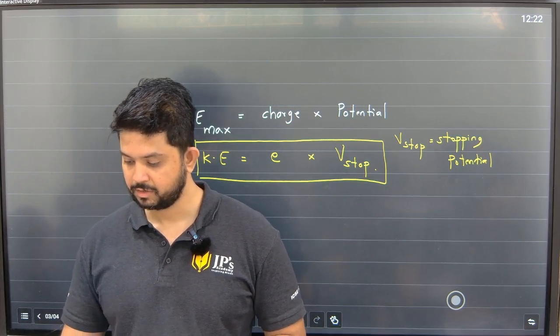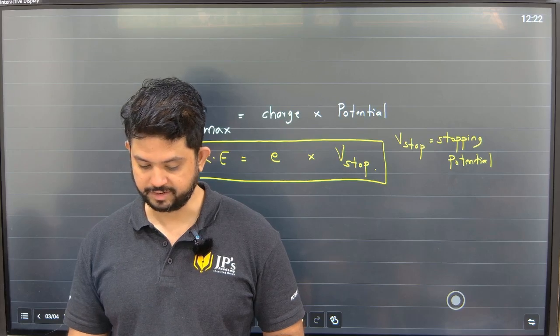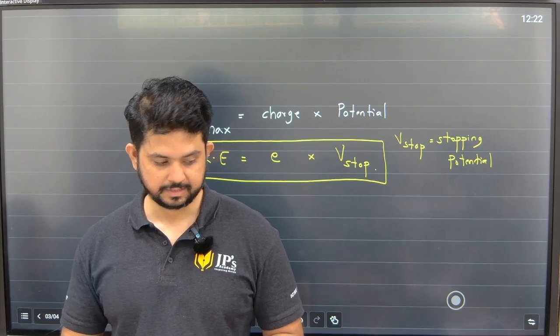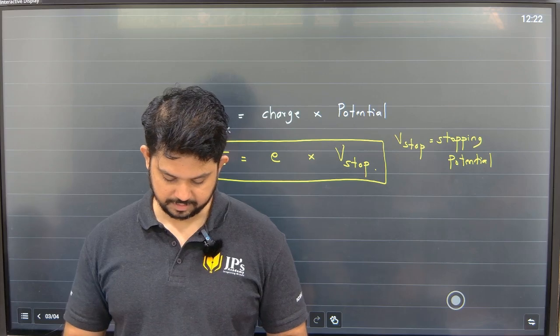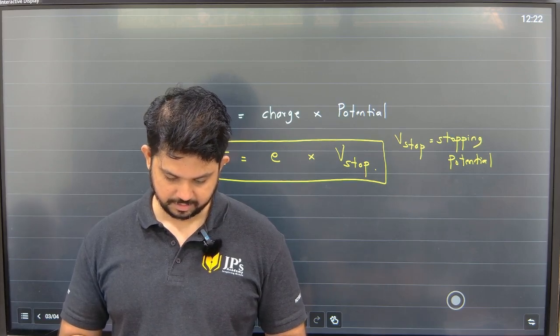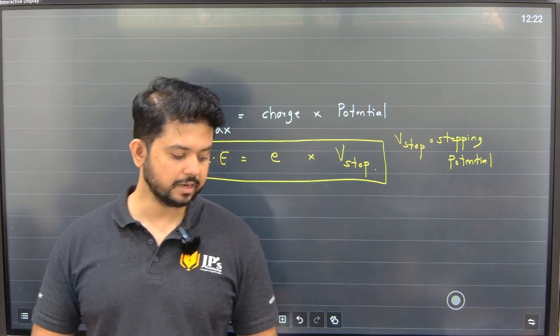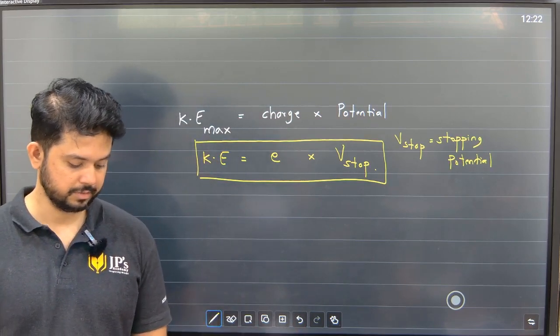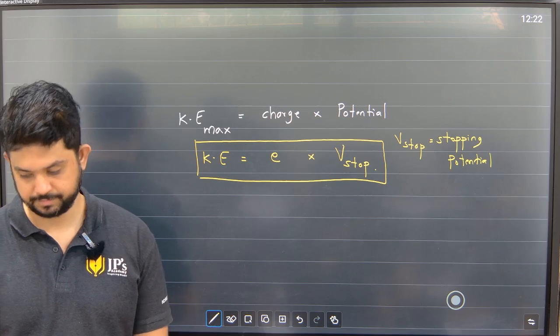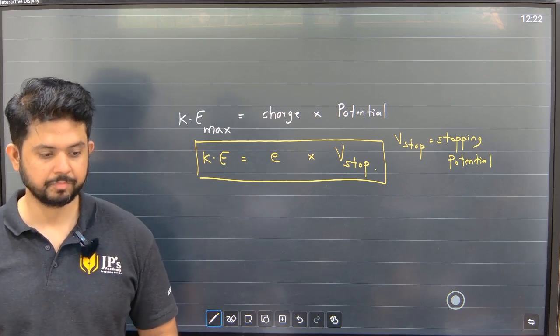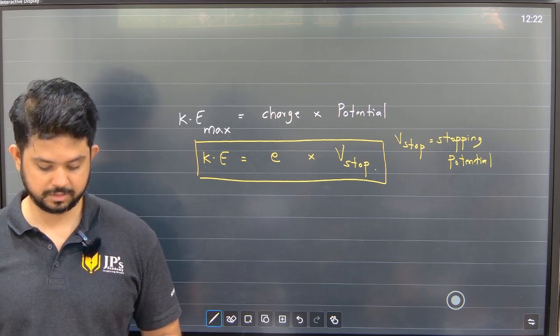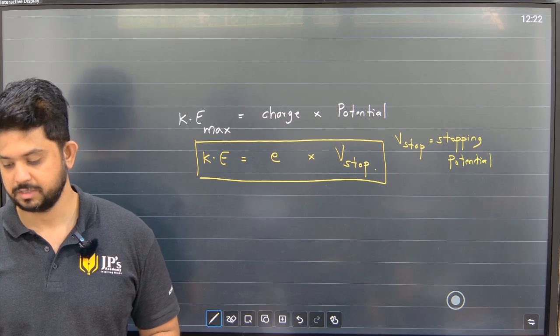That is, photoelectric current in the circuit becomes zero.